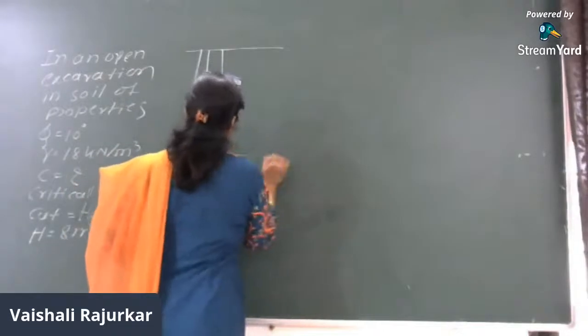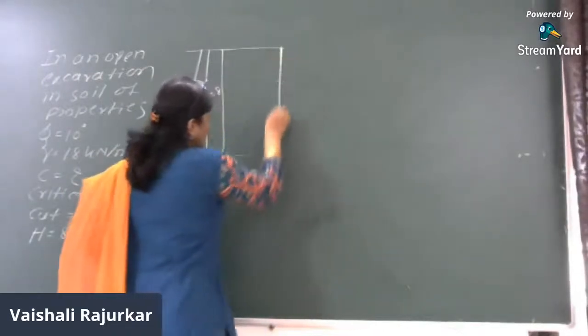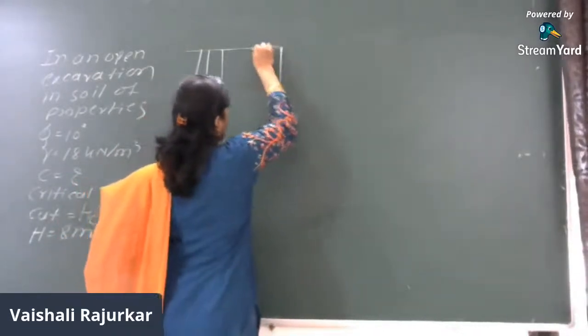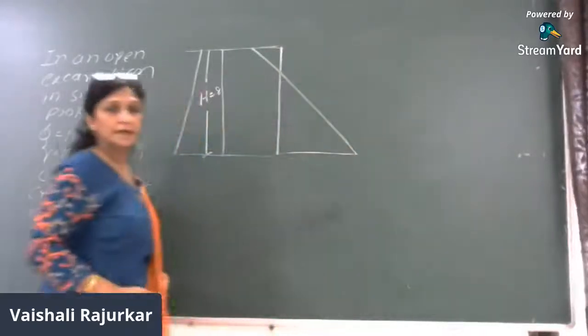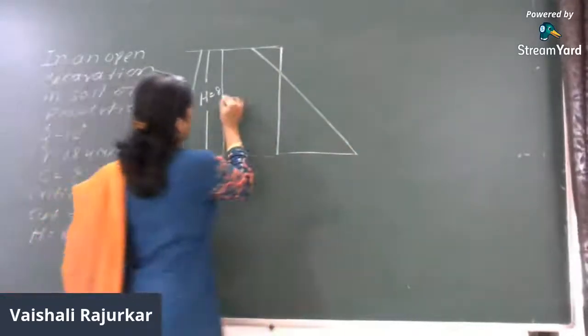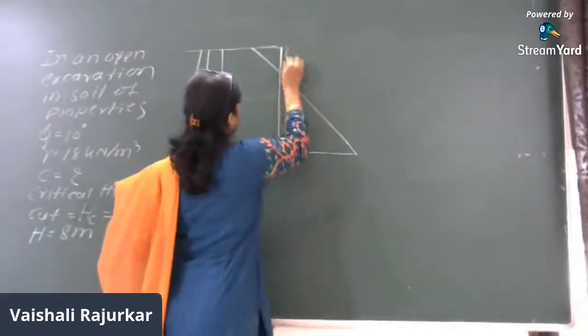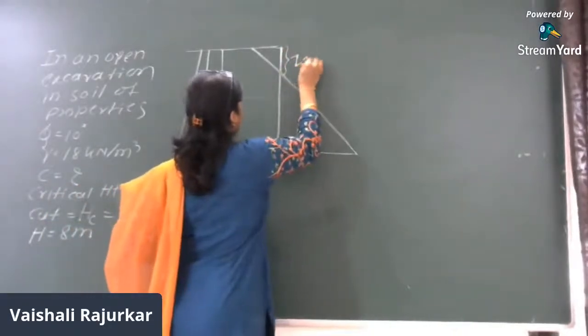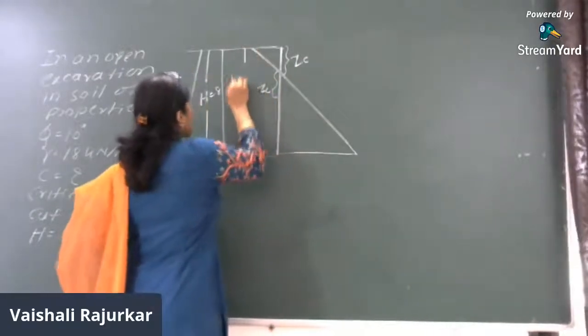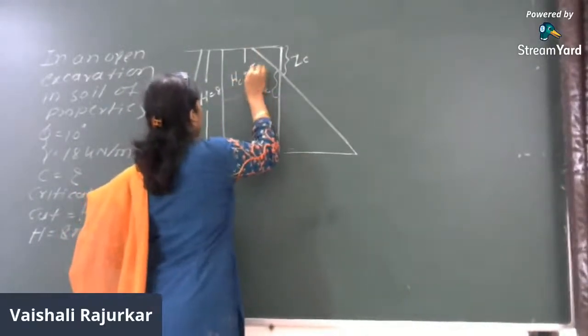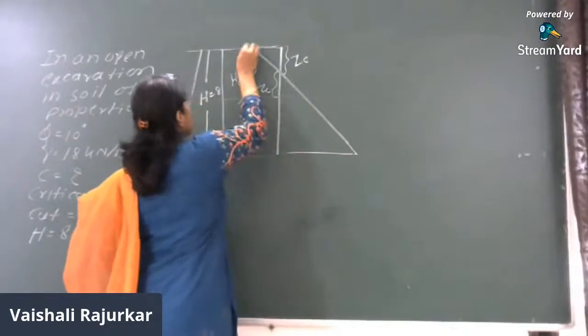and here you can say the height is given as, this is ZC and this is also ZC. So the HC is given as 3 meters. So this much data is given.